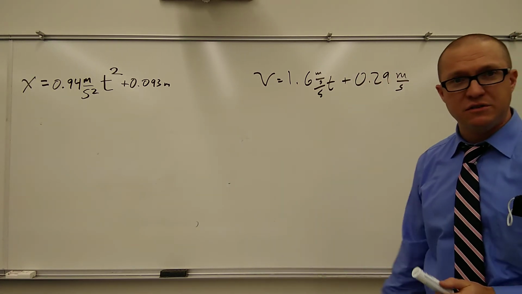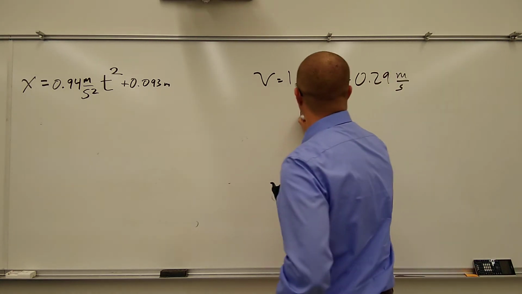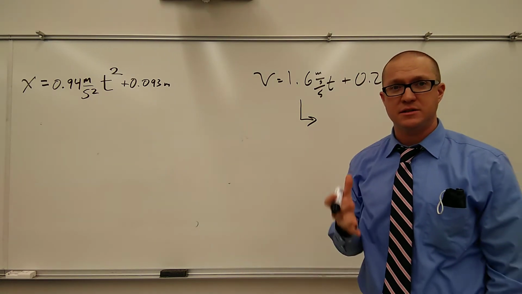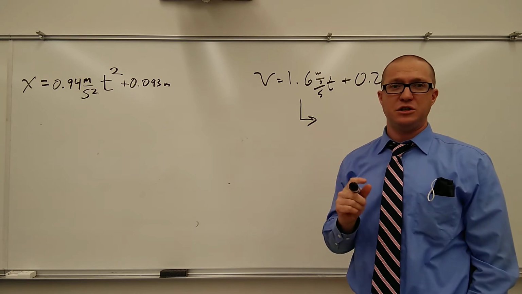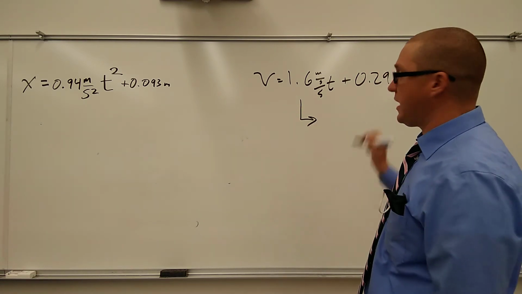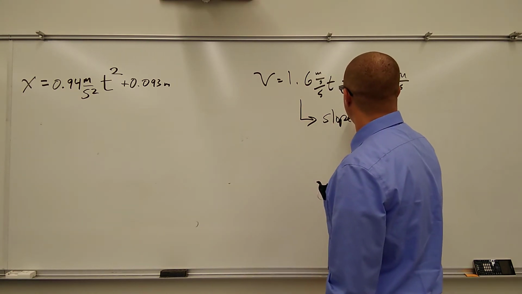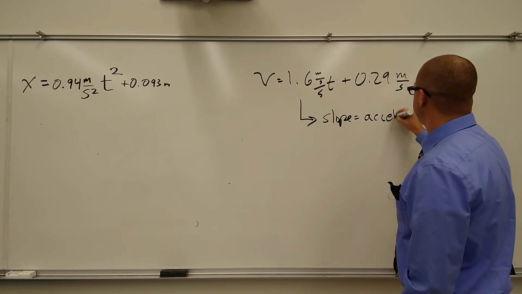I'm going to start with velocity versus time because we've already talked about this a little bit. The slope of velocity versus time is defined as acceleration, the rate of change of velocity, how much the velocity changes by each second. So the slope of velocity versus time is what we call acceleration.